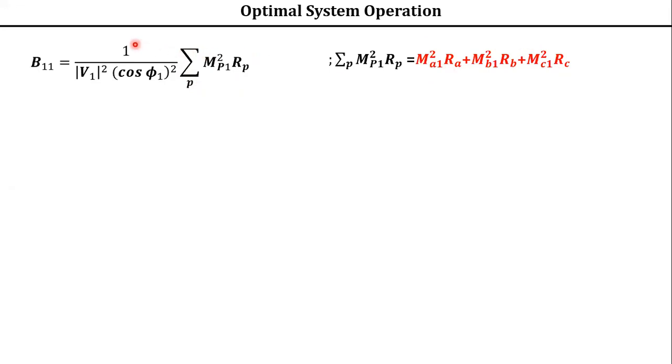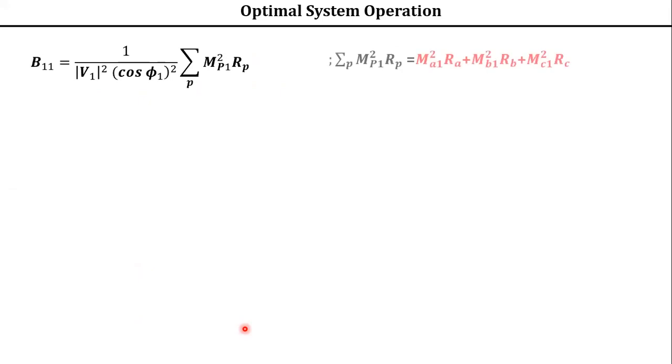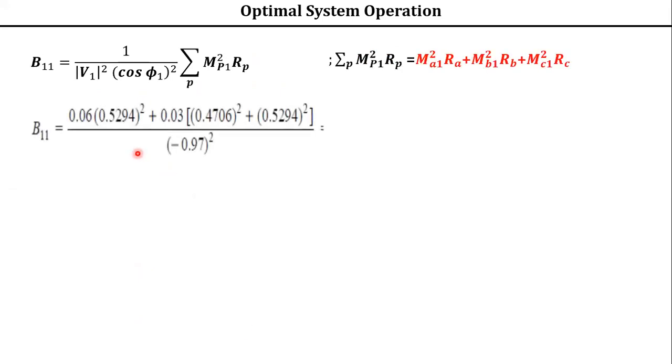So this numerator will be this term divided by V1. What is V1? 1 per unit we have taken. And cos phi 1, just now we have calculated, is minus 0.97. So substitute those values. So R_A is 0.06, into what is M_A1? 0.5294 square. Minus sign is there, that's why I have not shown the minus sign here.